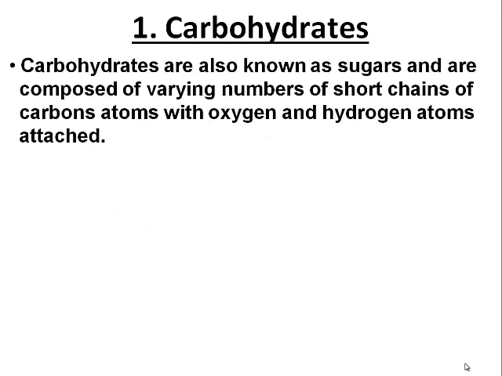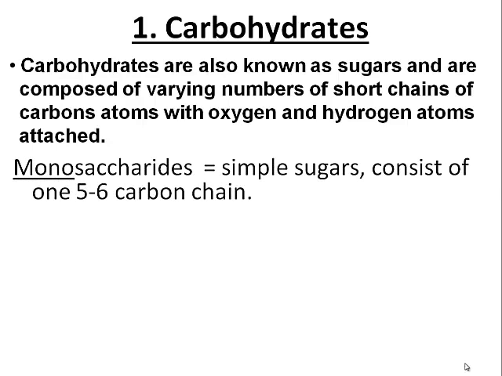So carbohydrates are known as sugars and are composed of varying short chains of carbon atoms with hydrogen and oxygen atoms attached to that. So the very simplest carbohydrates are known as monosaccharides. Monosaccharides, we said that most carbohydrates are composed of short chains of carbon atoms with other groups attached.